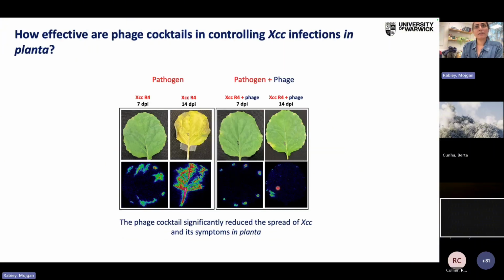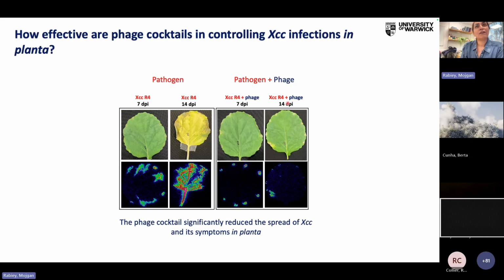So for our in planta assay, we do a lot of in planta assays. We are still developing this idea further. But for example, in this case, you can see we have the brassica leaves where we have pathogen only, and we have pathogen and phage treatment. So 14 days post-infection, you could see the XCC spread all around the leaves and into veins and stem.